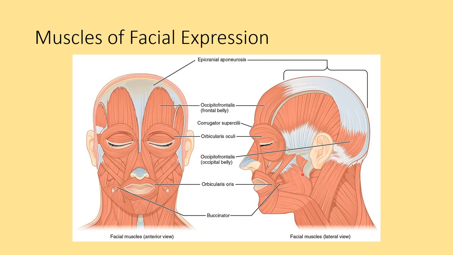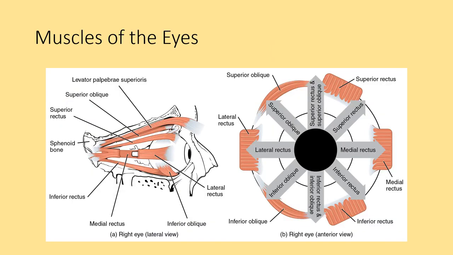And like I said, a lot of these muscles right here are just below the skin. A lot of them are attached to the skin, so that when they do contract, you do get the movement of the skin. With the eyes, there are actually 6 muscles that are exterior muscles. They are on the outside of the eye. As you can see in the side diagram here, you do have several of these called the rectus.